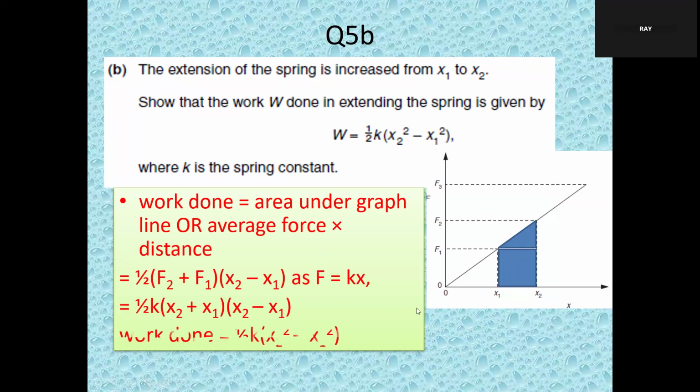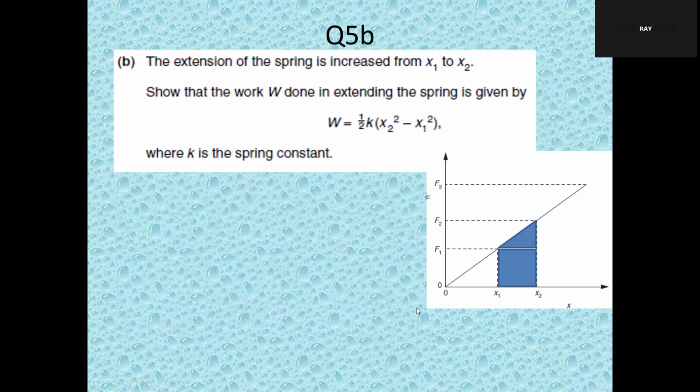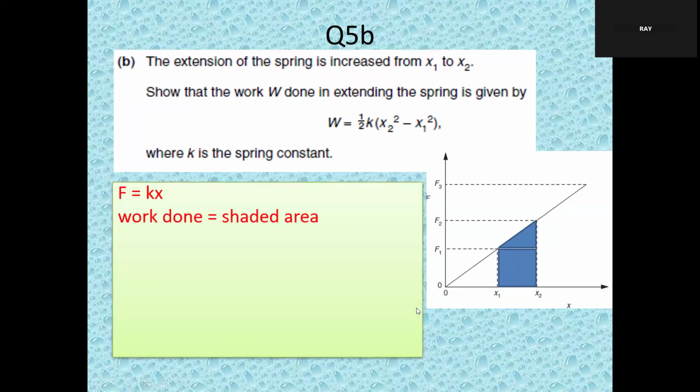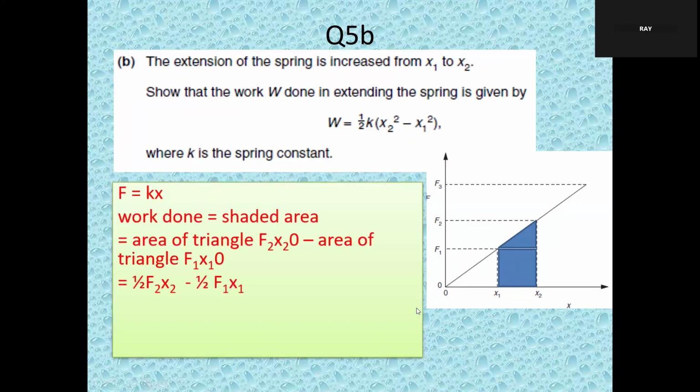Or the alternative is you take the shaded area. How to get the shaded area? Area of this big triangle, area of this small triangle, and then replace your F2 and F1. That's why I have to try it out for you.